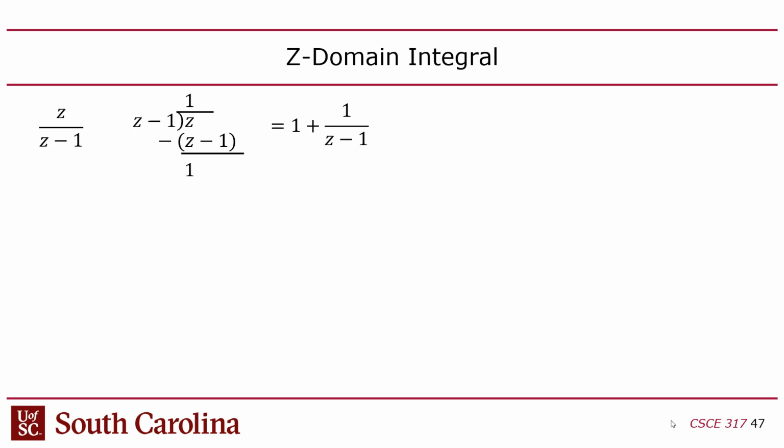Okay, so now if we take z minus 1 and divide it into 1, you get the quotient z to the minus first, but now the remainder is z to the minus first power, right?